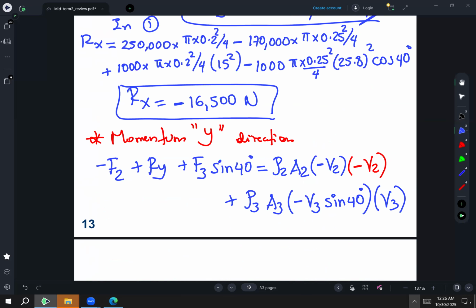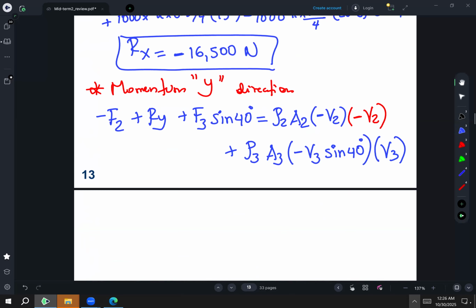Therefore, from here, my reaction in the y direction will be equal to F2 minus F3 sine of 40 degrees.